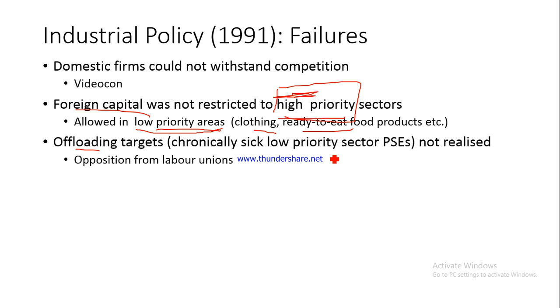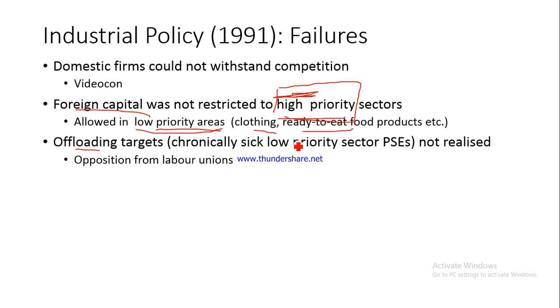However, this could not happen to the extent promised by the Industrial Policy 1991. One reason was huge opposition from the labor unions which were working in these units. They opposed this move by the government, because of which the target to sell off the government stake in these loss-making units could not be realized.